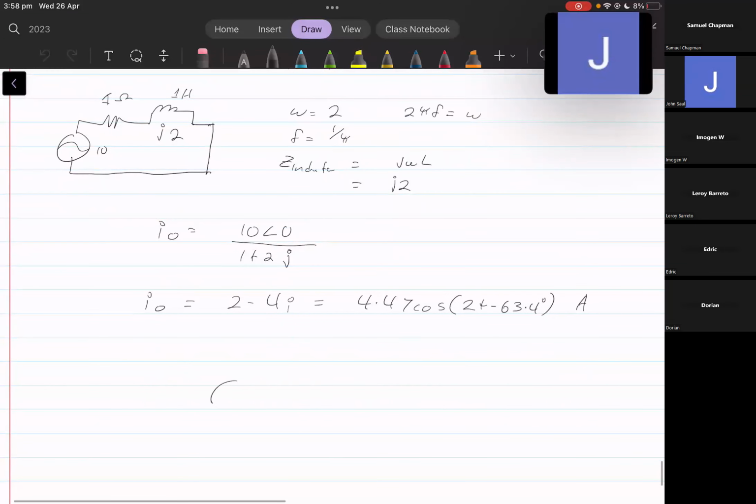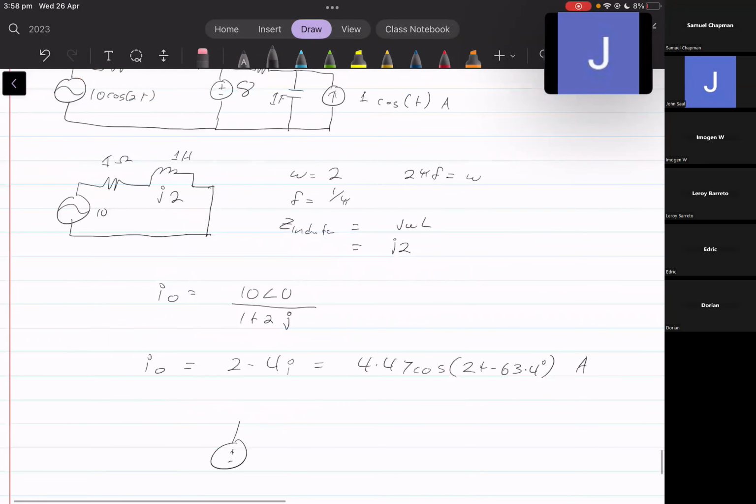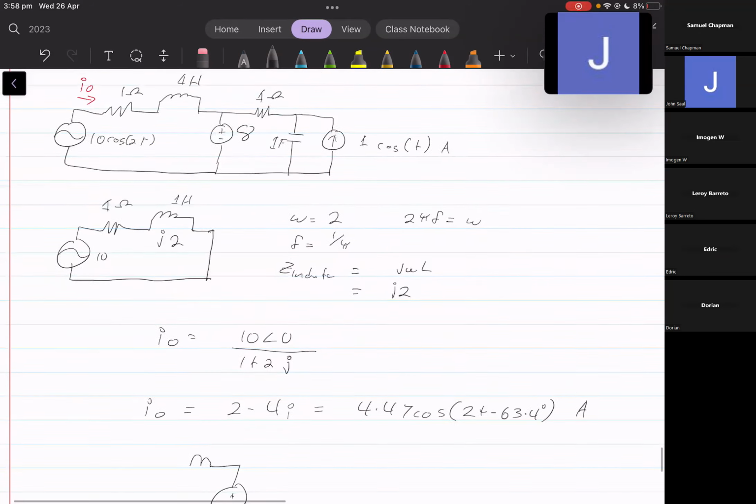So if we do one more example here, looking at just this way.